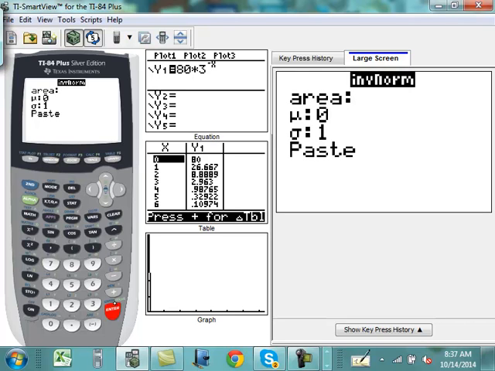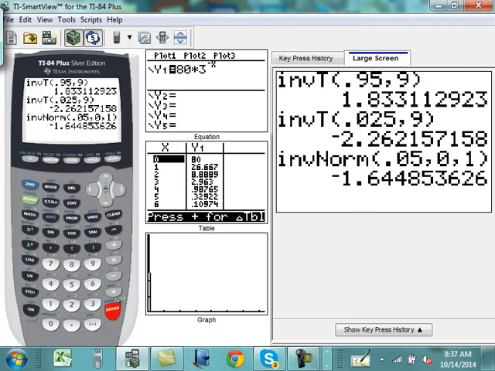If we have a level of significance of 0.05 with area under the curve to the left of 0.05, so a left-tailed test, then you plug in 0.05 for your area under the curve to the left. And then you need to say what your mean and standard deviation are for the distribution. Suppose it's just a standard normal. And there you go. Negative 1.644 or negative 1.645 would be your left critical value. And that's for a left-tailed test with alpha equal to 0.05.